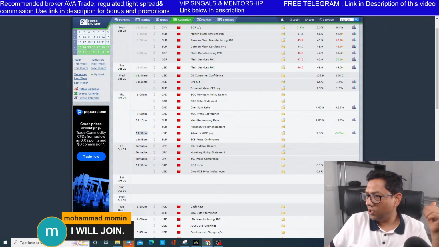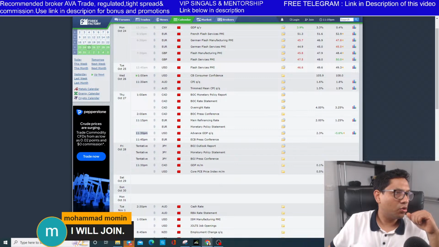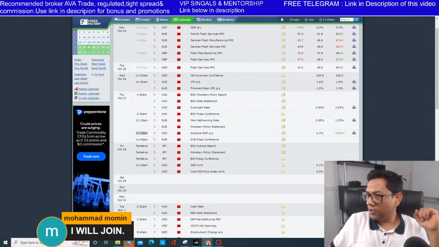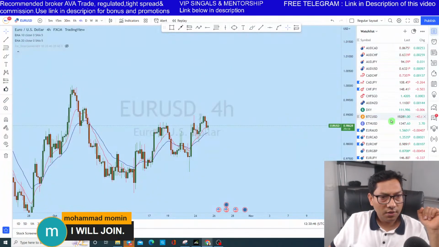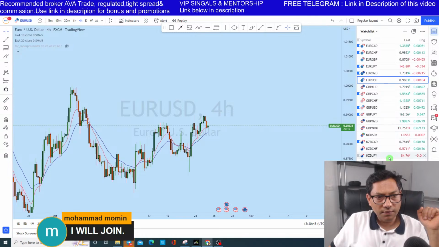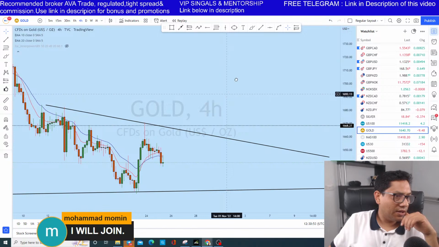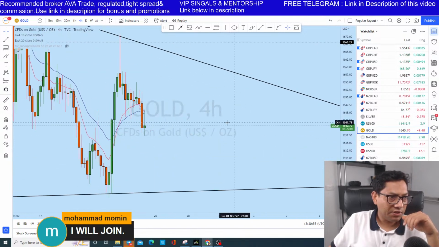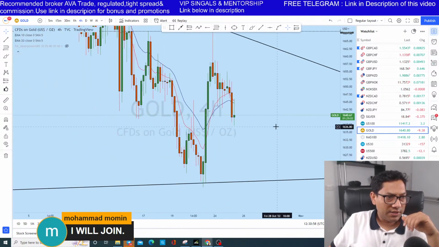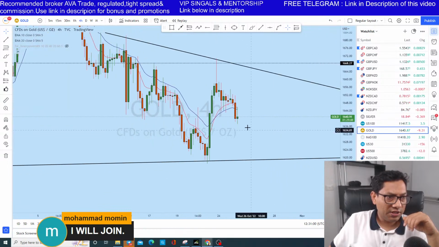Whilst we have only one open trade, Euro AUD, USDJPY has been expired. So if you open USDJPY, I'm not sure how we did that. So yeah, let's look at gold now again. Okay, so we see that from this 20 period EMA we have seen some rejection on gold, but as I mentioned, we could see this one as a false breakout or as a valid breakout.